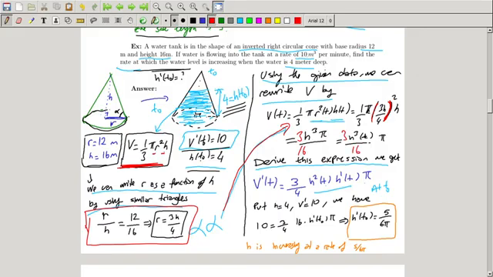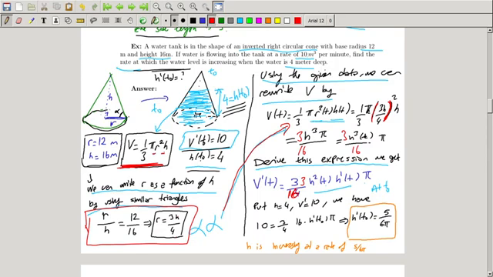If we now differentiate this expression, we have 3 over 16, and again 3 comes from h³, so 3h² times h' times π, and then we put in the given values.